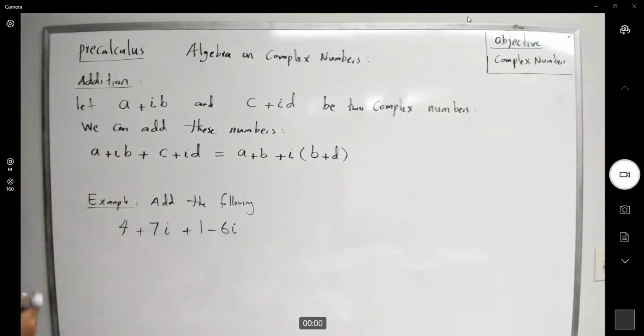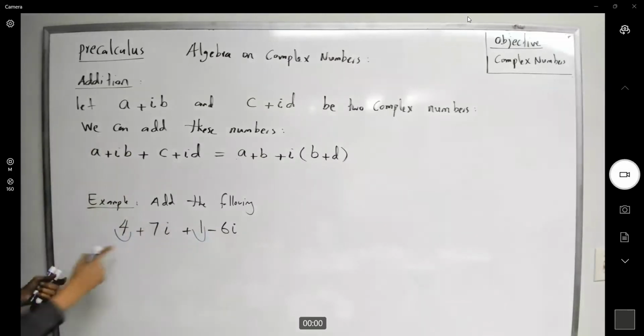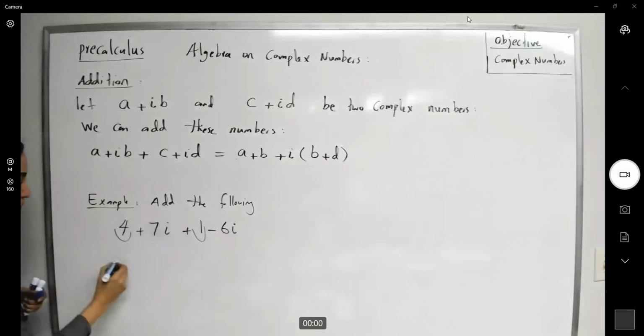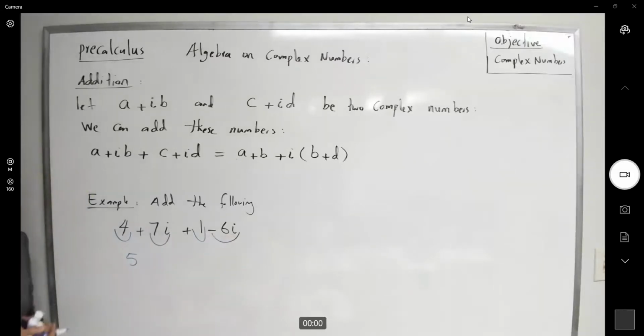Okay, very good. So real parts, 4 and 1. Add them together. It's going to be 5. Then add the imaginary part. 7i minus 6i, 1i, plus i. So this is your complex number.